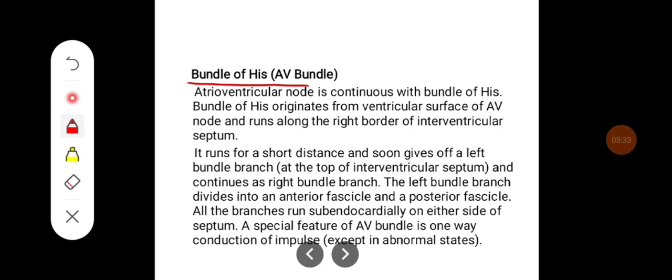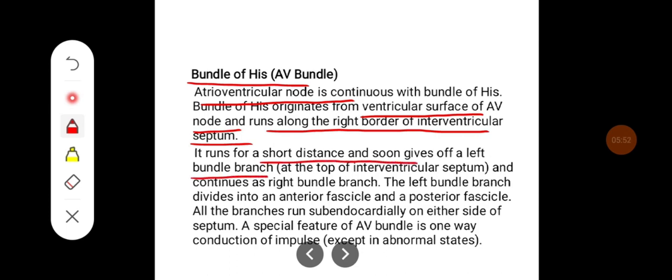Bundle of His, that is also called AV bundle. Atrioventricular node is continuous with bundle of His. Bundle of His originates from ventricular surface of AV node and runs along the right border of interventricular septum. It runs for a short distance and soon gives off left bundle branch at the top of interventricular septum and continues as right bundle branch.